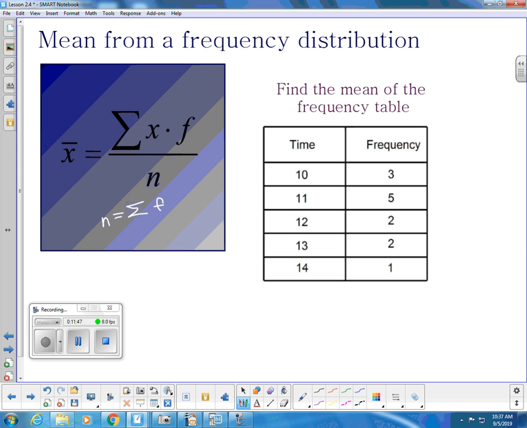Okay, so if I'm working on this, I multiply 10 times 3 and get 30. Multiply 5 by 11 and get 55. 24, 26, 14. So you have to multiply each x times its frequency, because if you actually were listing those all out, you'd be adding them all up.